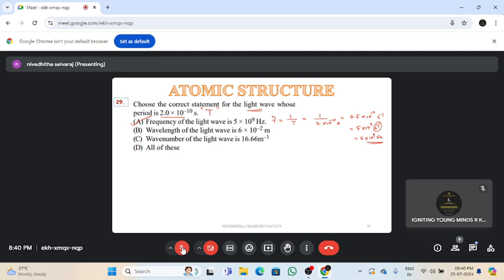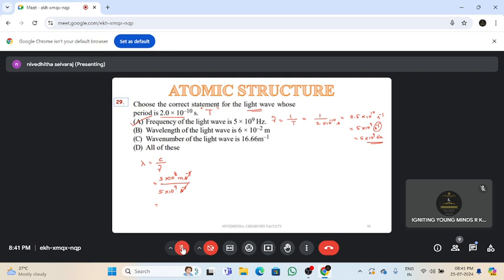Now we have to check for the wavelength. So what is the wavelength? Nu is equal to C by lambda, or lambda is equal to C by nu. What is the value of C? 3 into 10 power 8 meter per second. And what is the frequency? We have calculated it, right? 5 into 10 power 9 hertz, which can be written as second inverse. So the second inverse and the second inverse will get cancelled out.